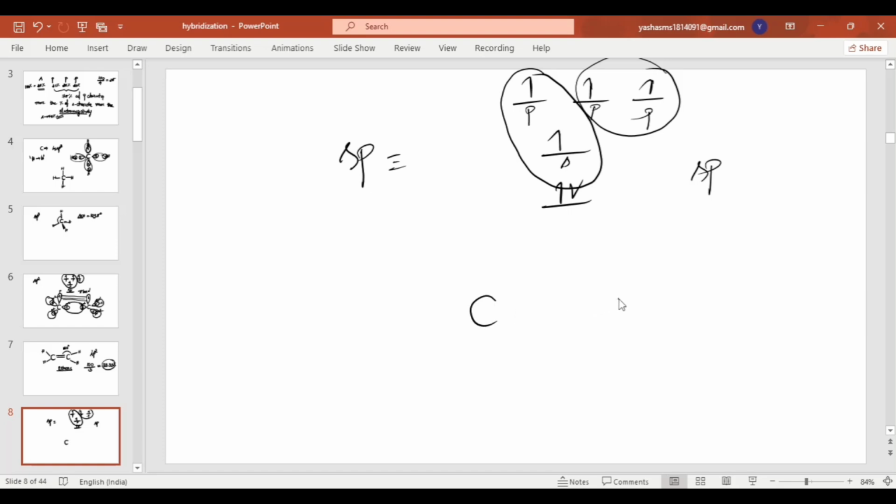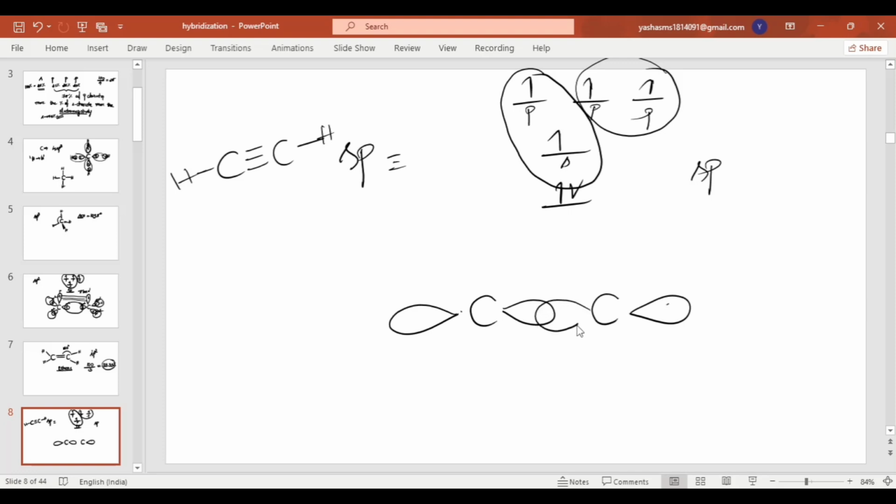Therefore, if I want to write a simple molecule, this is ethyne. We will call it ethyne. I will be drawing one sp orbital like this. The carbons will form a bond with each other.